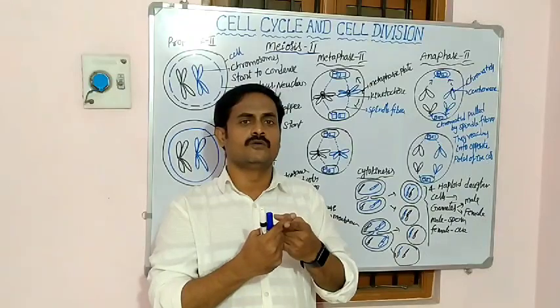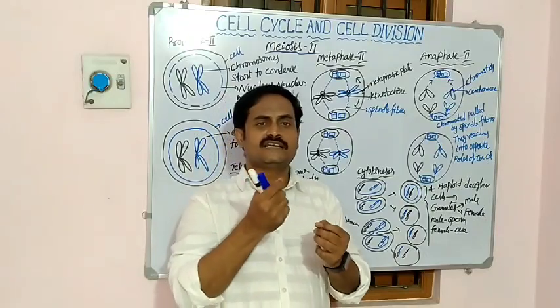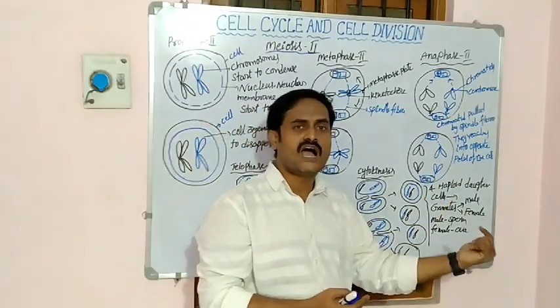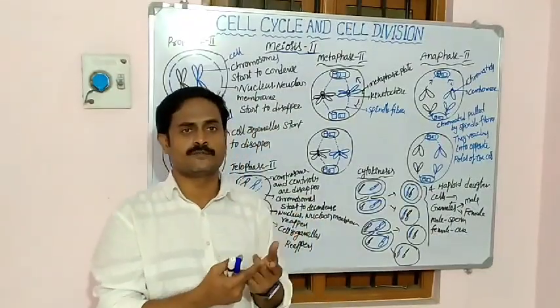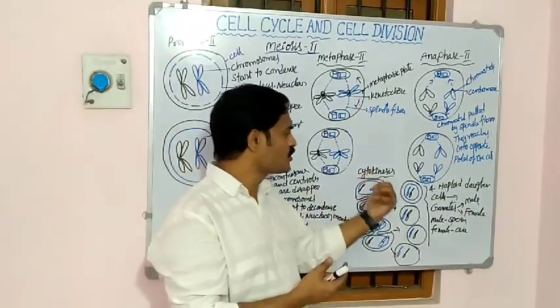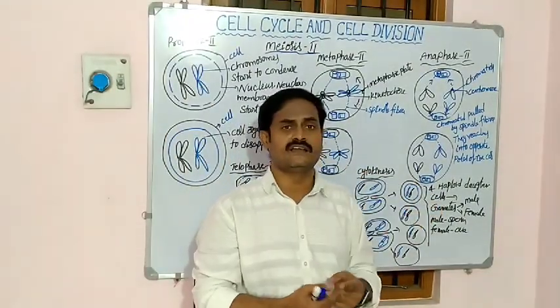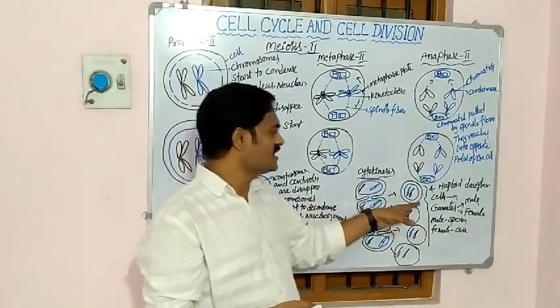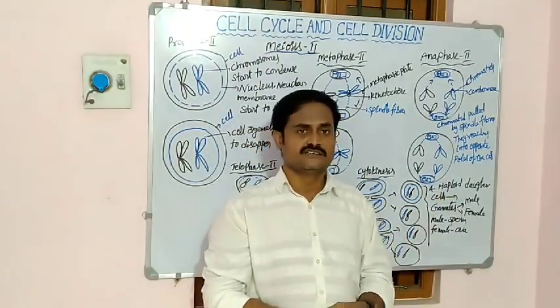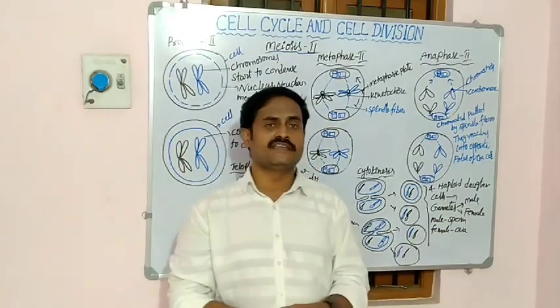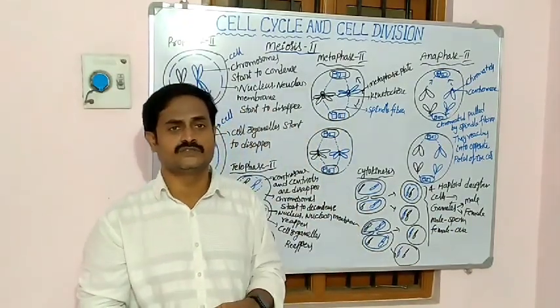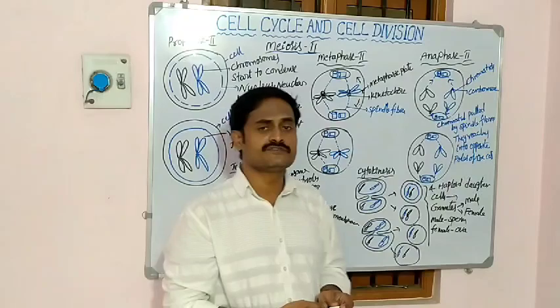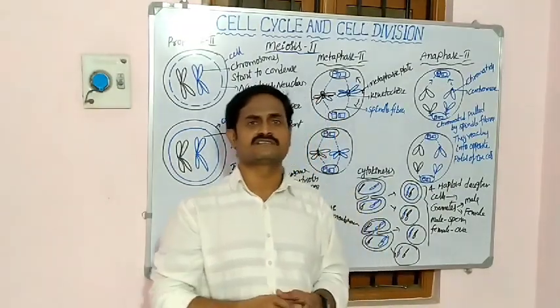One chromosome sends its genetic material into another chromosome, that means another chromatid. So the exchange of genetic material between the two chromatids leads to genetic variations. These variations are very helpful for the survival of organisms, either animals or plants or any organisms.